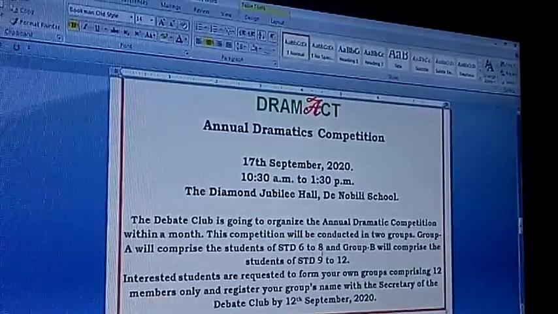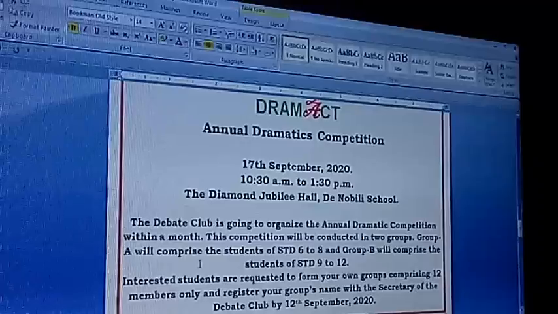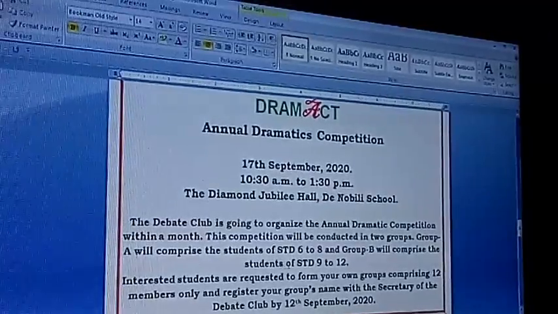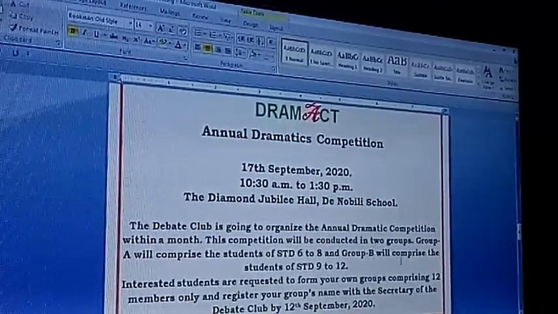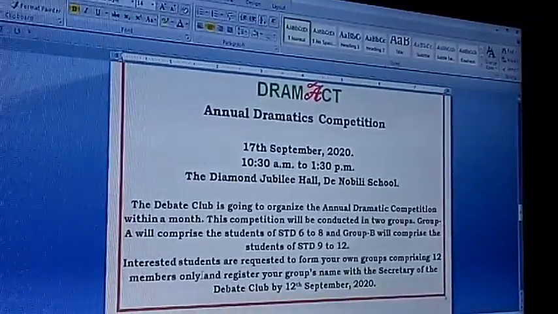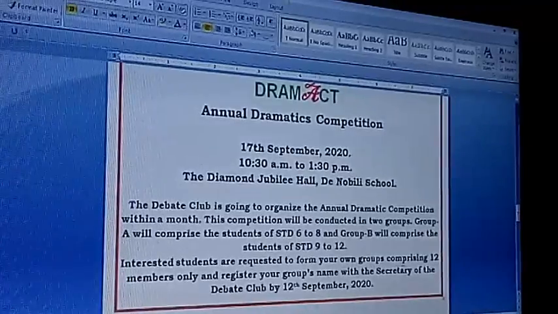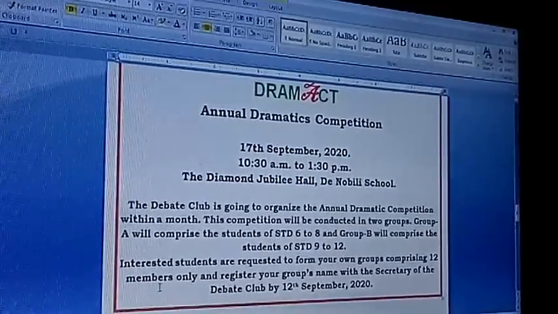Group A will comprise the students of standard 6 to 8, and group B will comprise the students of standard 9 to 12. Interested students are requested to form their own groups comprising 12 members.